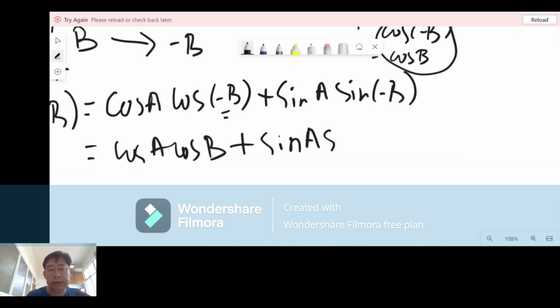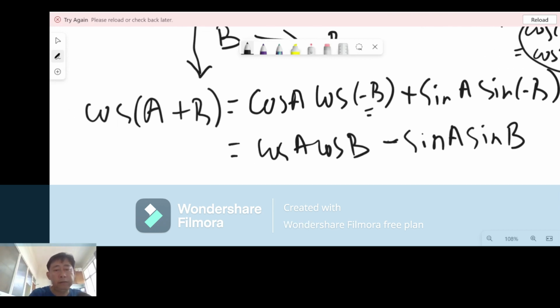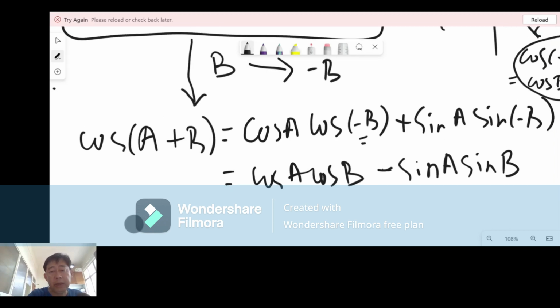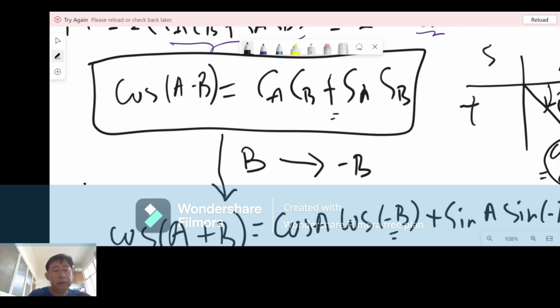So here this is just the negative of sine b. So I'm going to rub this off and replace it with a minus. So that is how the cos of a plus b is derived, right? So you compare this, cos a minus b is cos a cos b plus sine a sine b.